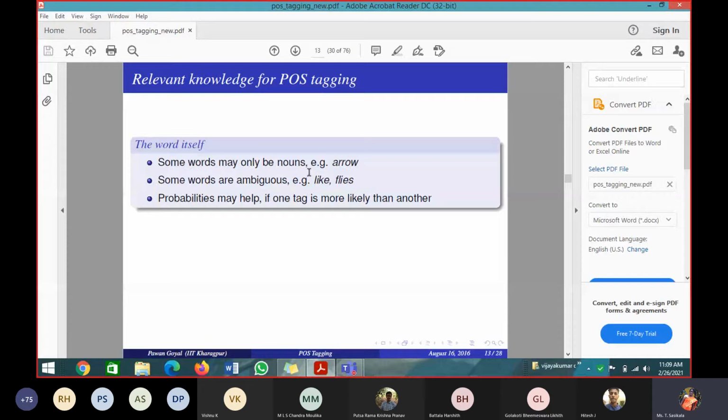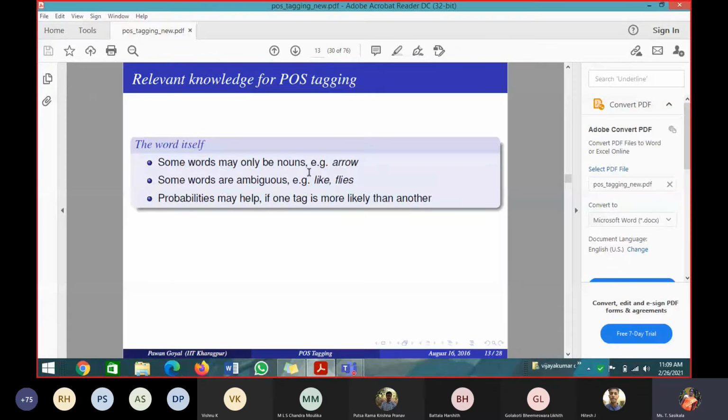Some words are ambiguous. So these are all the problems we have. You should have some relevant knowledge about POS tagging before assigning a tag. There are some words which, in any context, have the same POS, which will be noun anywhere.